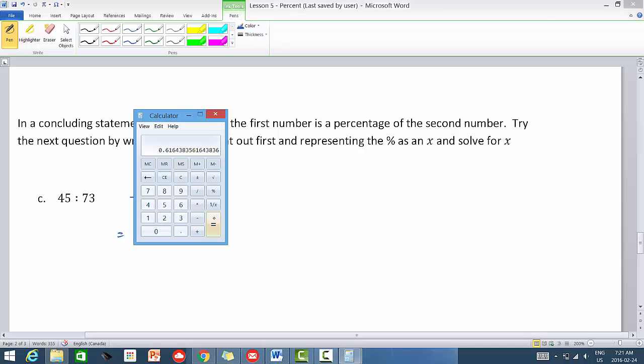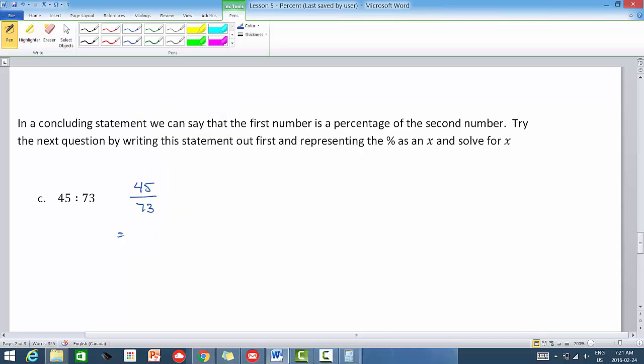We're going to round up there. 0.62. As a percent, we move the decimal place 2 spots to the right. It equals 62%. Okay, so therefore 45 is 62% of 73.